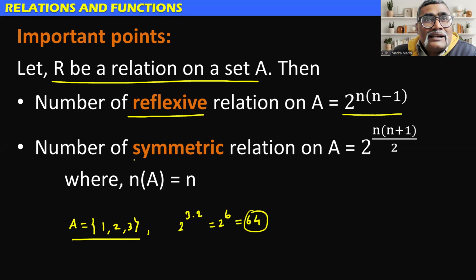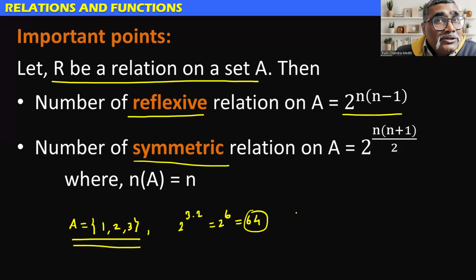Then the next is about the symmetric. How many symmetric relations will be there on that set? It is 2 to the power n into n plus 1 by 2. So for this set, what is the total number of symmetric relations? It will be 2 to the power n, n means 3, then 3 plus 1 divided by 2. So it will be again 6.